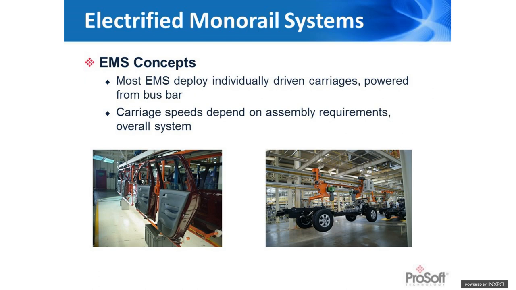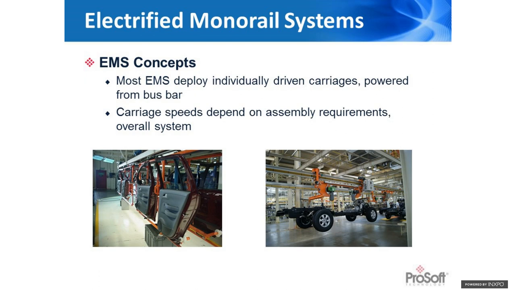Another type of automated material handling system is the Electrified Monorail or overhead monorail system. Usually the acronym EMS applies to these. An EMS system, as the name implies, has a rail, typically overhead, that carriages attach to. The carriages themselves are individually driven, so they can move at different speeds.